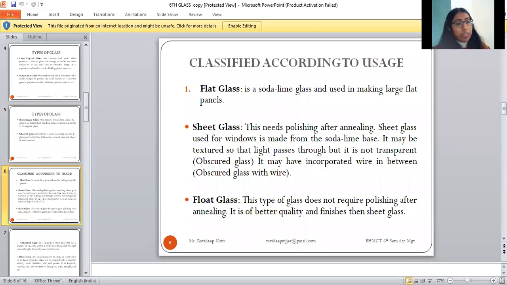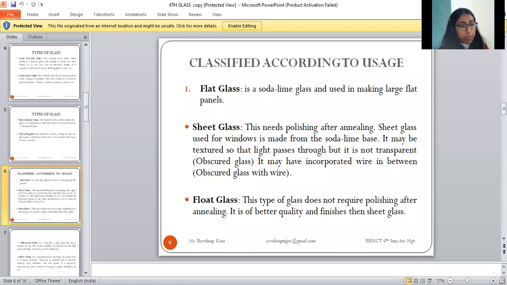Next, glasses classified according to their uses. So we have the classifications of glasses and where these glasses get used. First, we have flat glass.